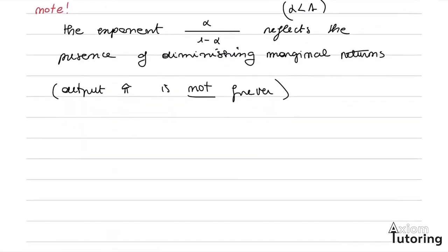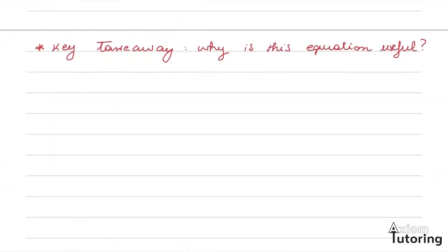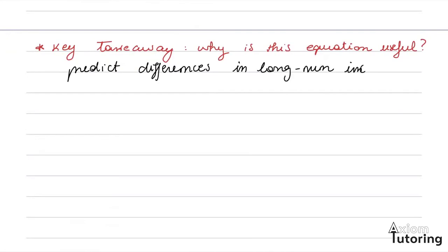So if we want to draw a takeaway, why did we talk about this equation? Why is it useful? Well, it is useful because it allows us to predict differences in the long run income levels across countries.